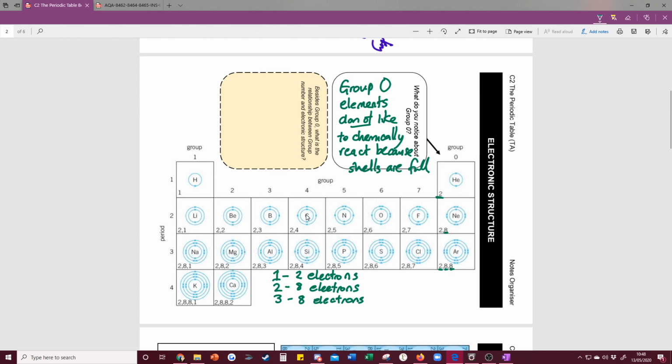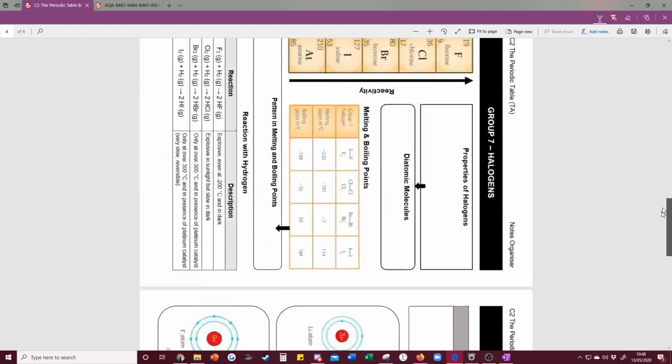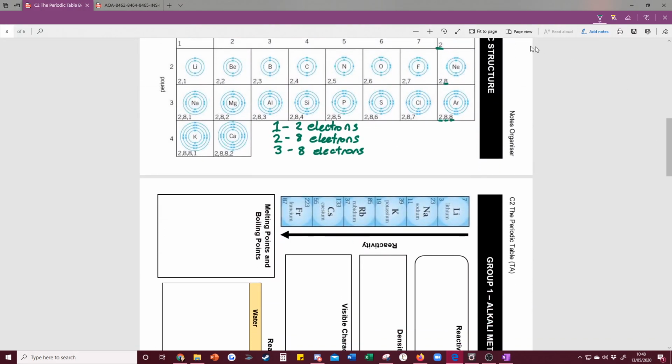Because if we were to study where the electrons are in an atom, we can then predict what type of reactions it's going to form. So electronic structure is a very, very big deal in chemistry because the electrons are the ones doing the chemical reaction.